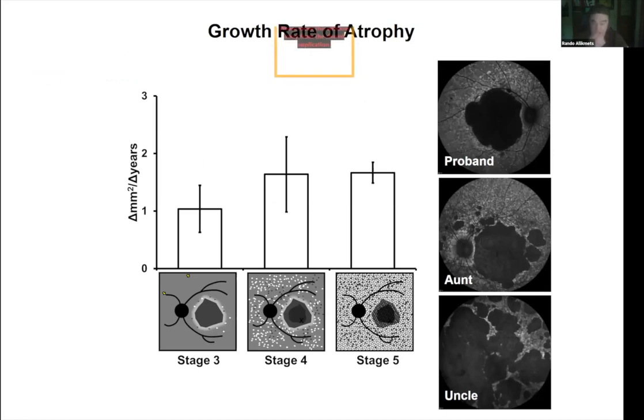And as I said, this is the only quantitative measurement right now in the US accepted for determining success of clinical trials. And you can see that at different stages, and patients with different mutations have very different rates of atrophy.